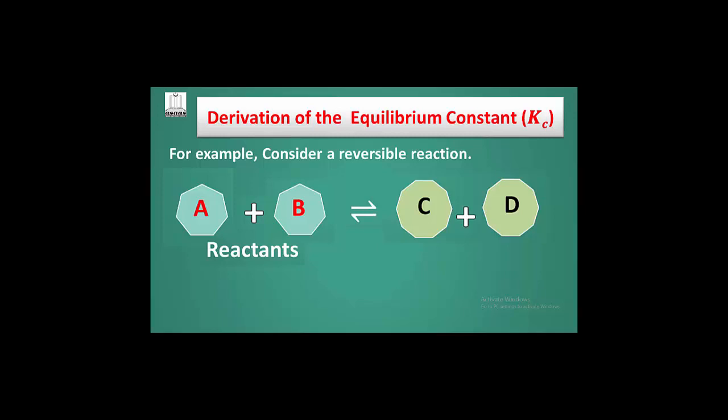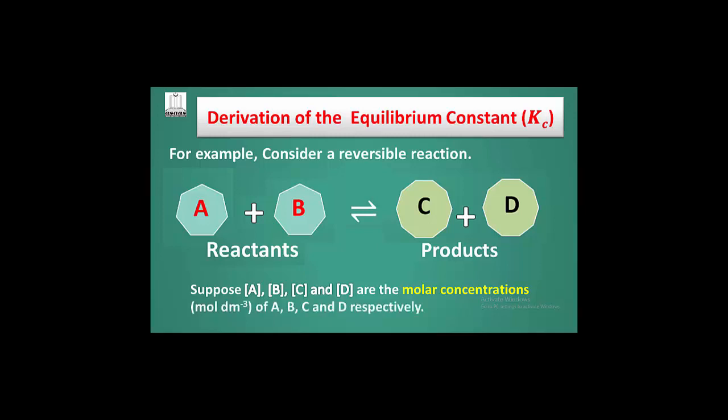Suppose square brackets A, B, C and D are the molar concentrations of reactant A, reactant B, product C and product D respectively.